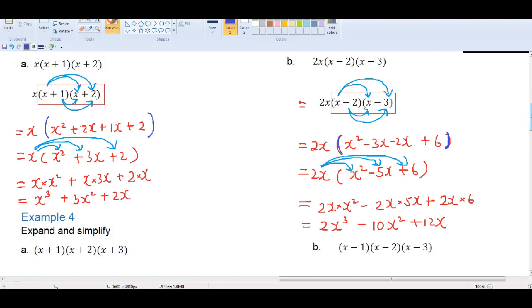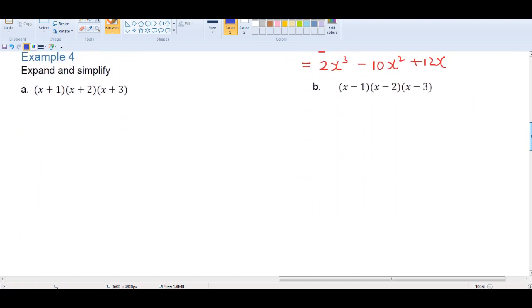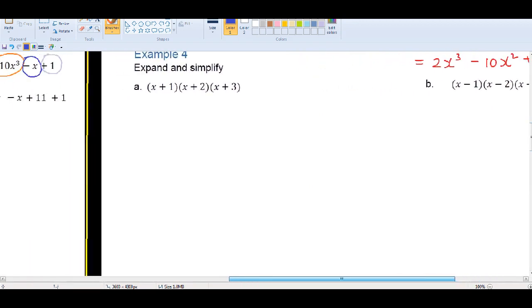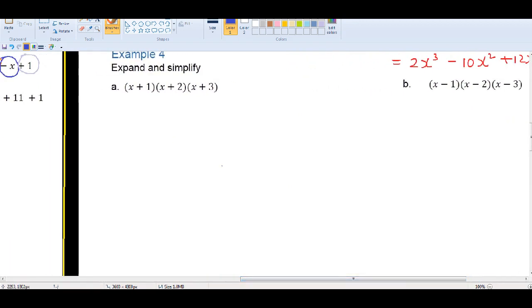Alright, let's go to example 4. In example 4, you see 3 binomials. How could we deal with this? What we are going to do is try to do the first 2 brackets first, and then we are going to do the last one.